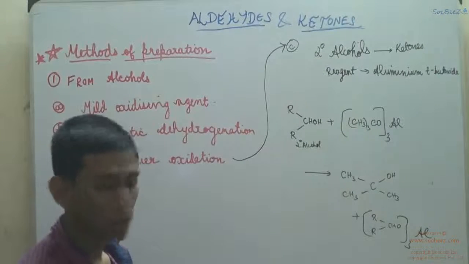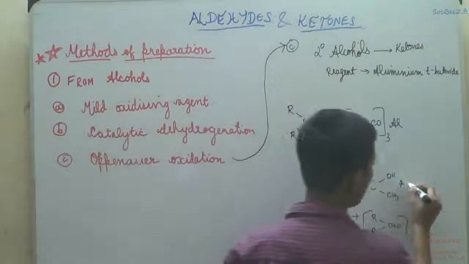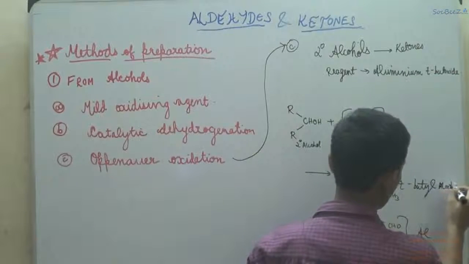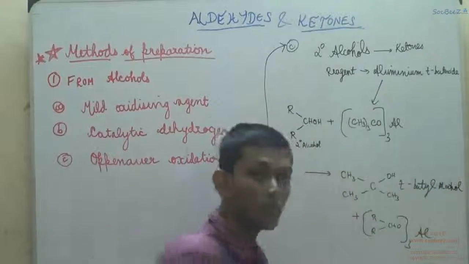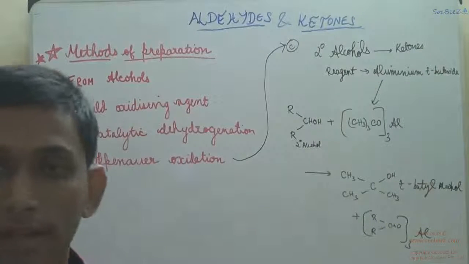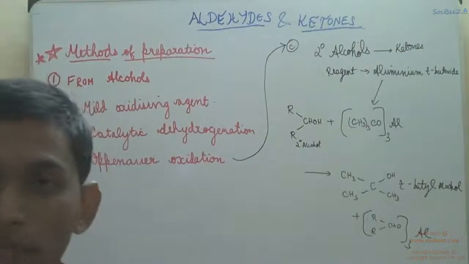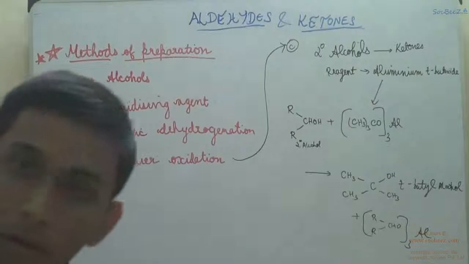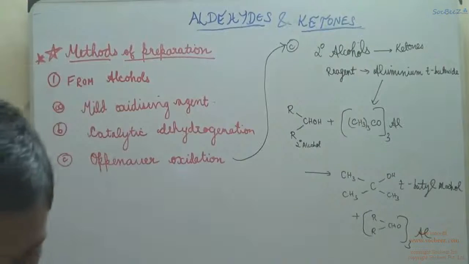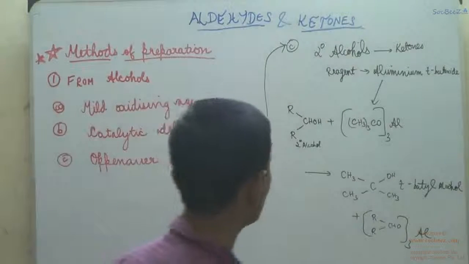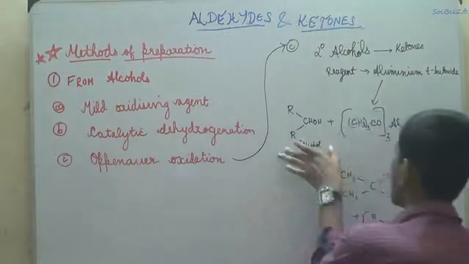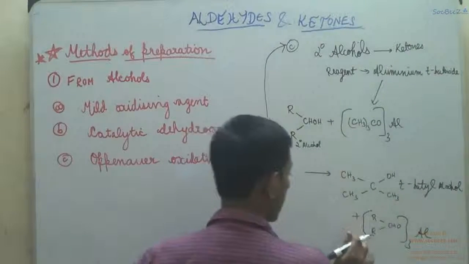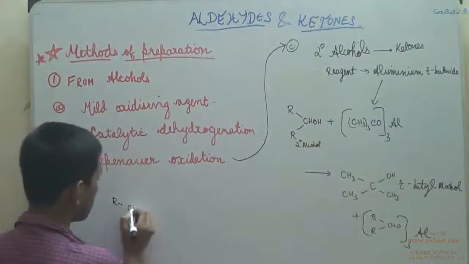What you get is tert-butyl alcohol from aluminum tert-butoxide. You get tertiary butyl alcohol plus an organometallic compound with aluminum. Now first the secondary alcohol is refluxed with your aluminum tert-butoxide. Now you add acetone to this particular compound.